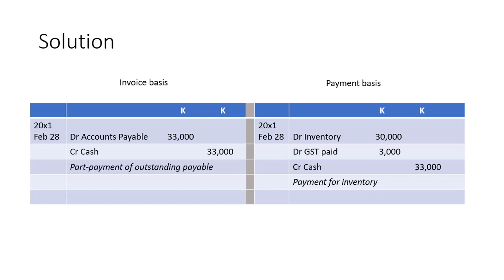So 3,000 is the 10% of 30,000. Then the total cash payment made was 33,000 kina. So this is the time that the company needs to recognize the GST paid because they already had a cash outflow.